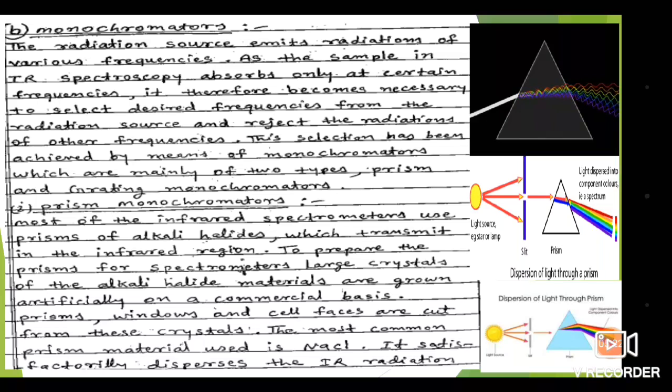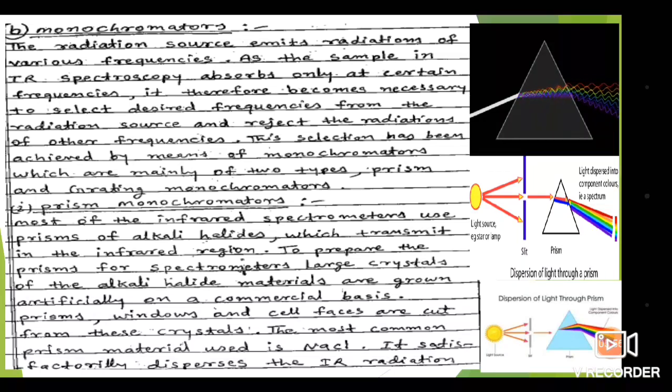This selection of the desired frequency is achieved by this equipment, which gives single wavelength light. Generally there are two types of monochromator, that is prism monochromator and grating monochromator. Let's see about the prism monochromators.